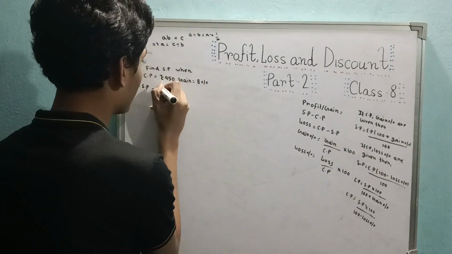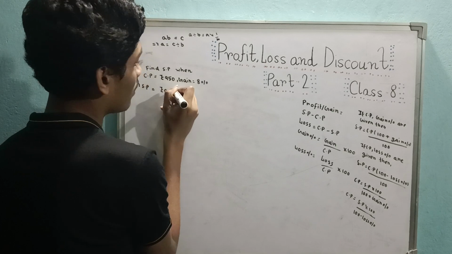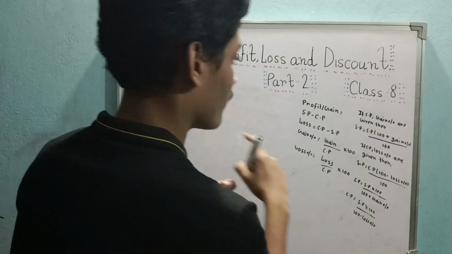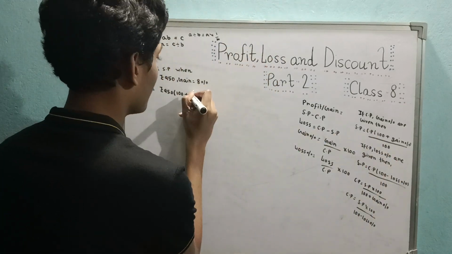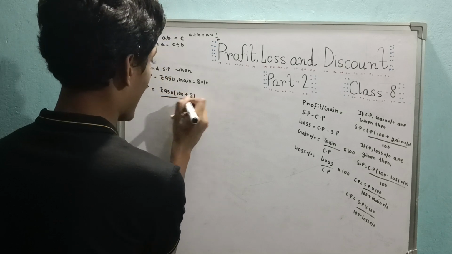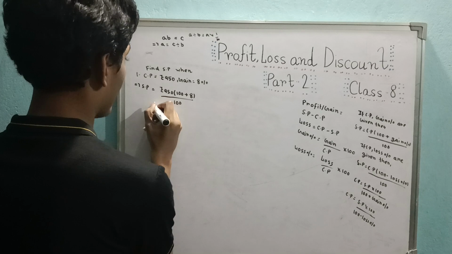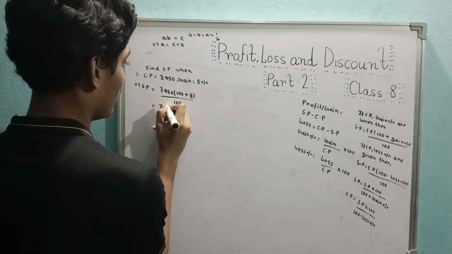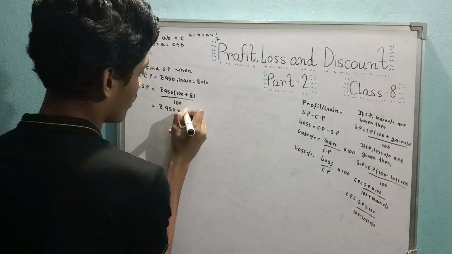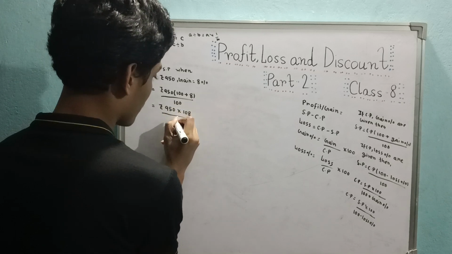CP rupees 950 multiplied by 100 plus gain percent 8 divided by 100. I have completely jotted down the formula, I can't make it wrong. That's how I'm trusting this formula. So it is 950 multiplied by 108 divided by 100.